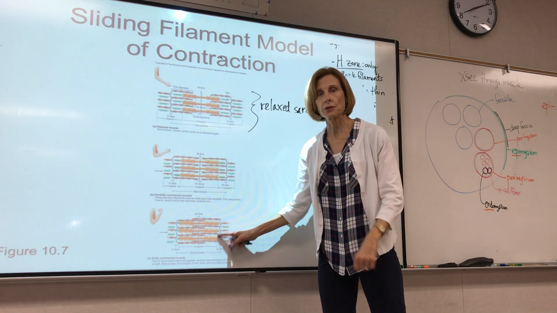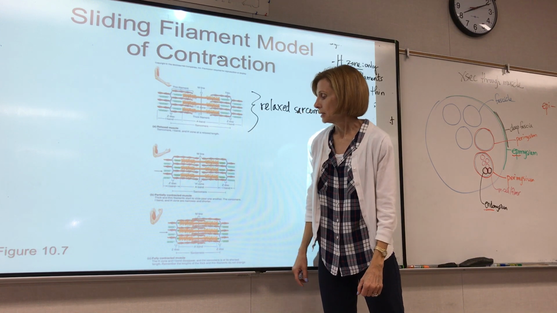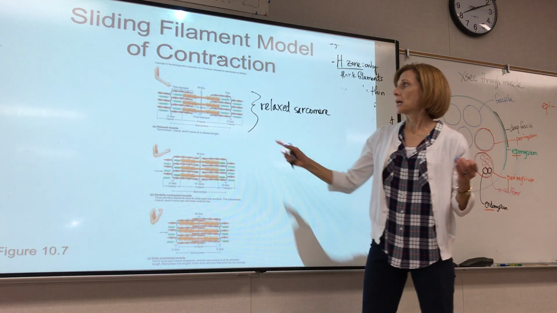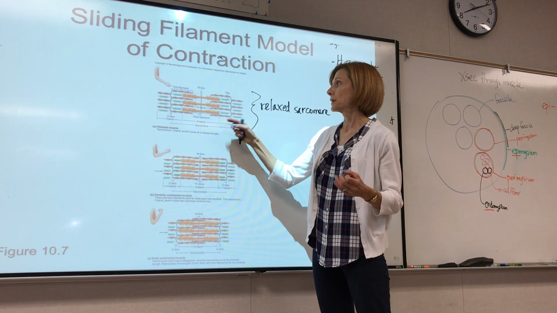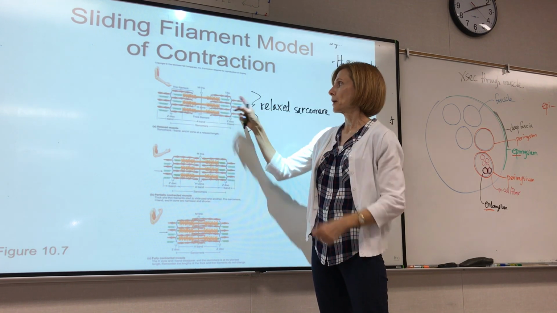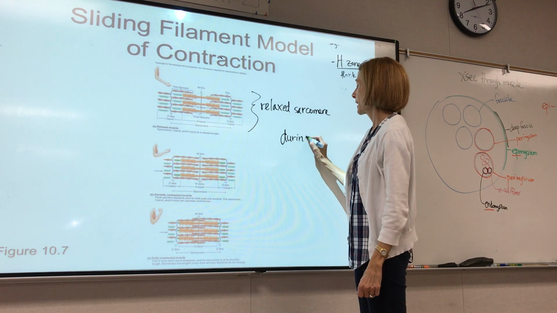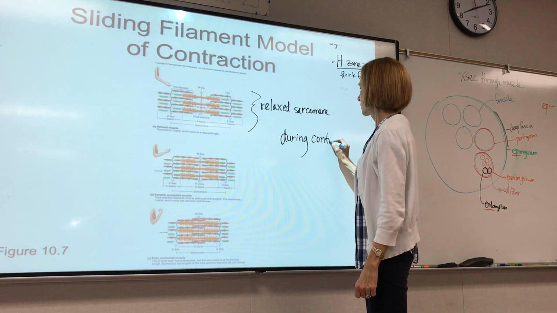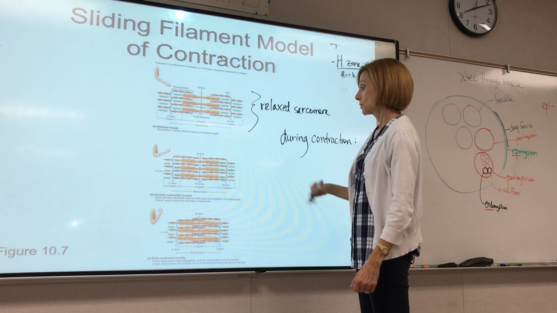And I'm sorry, this is down so low. I know it's hard for you guys to see. But the I band disappears here because the I band is where there are only thin filaments. As these overlap each other, that will also disappear. So in a fully contracted sarcomere, those are the two regions that actually go away.